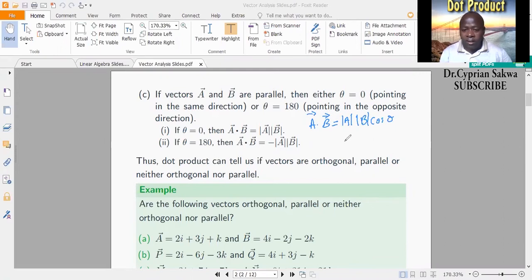And what I know is that two vectors are parallel if the angle between them is 0, that is, if they are pointing in the same direction, or if the angle between them is 180, if they are pointing in the opposite direction.